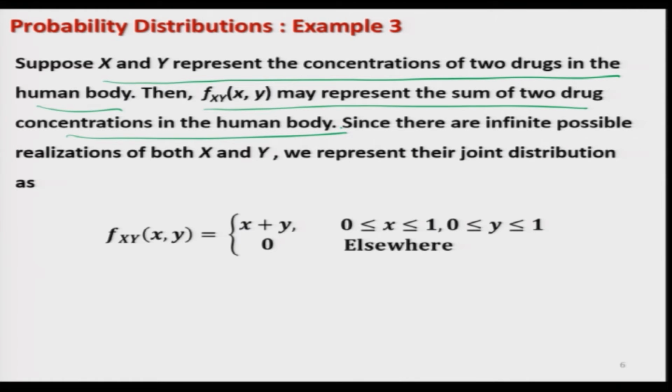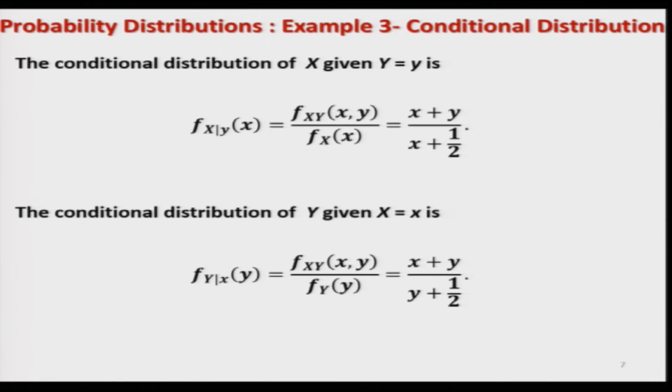And since there are infinite possible combinations in which x and y can take values, we can represent their joint PDF like this. So, this is given to us that f(x,y) is equal to x plus y if x is lying between 0 and 1 and y is lying between 0 and 1. You can imagine how many combinations there will be for the values between 0 and 1. So, now we try to find out the conditional distribution of x given y.